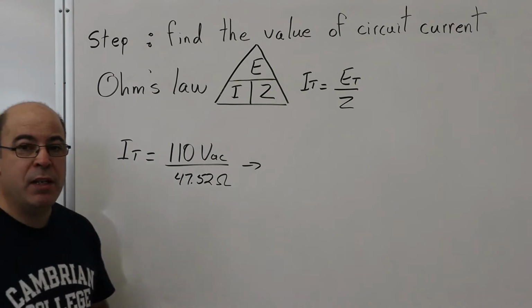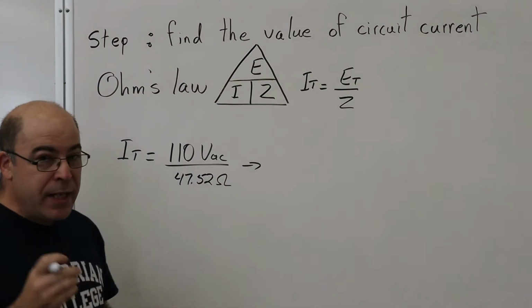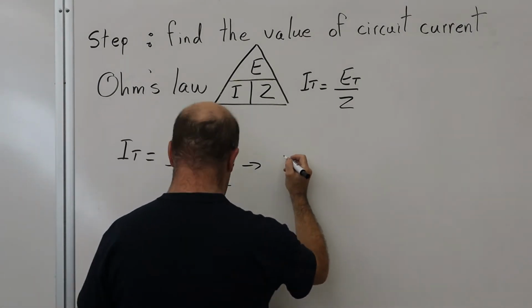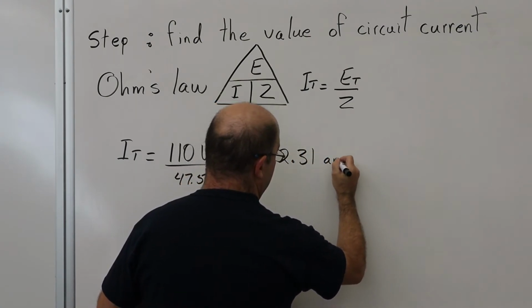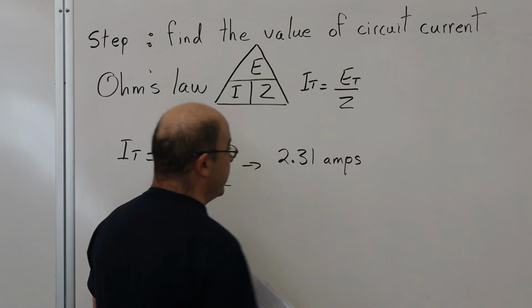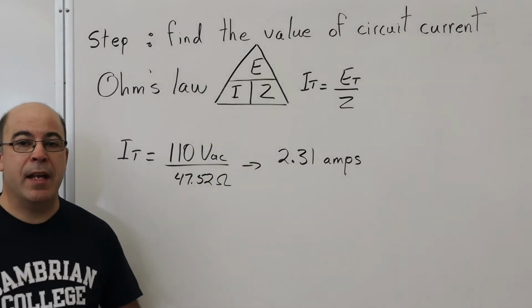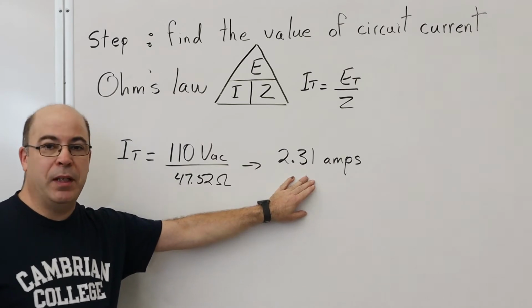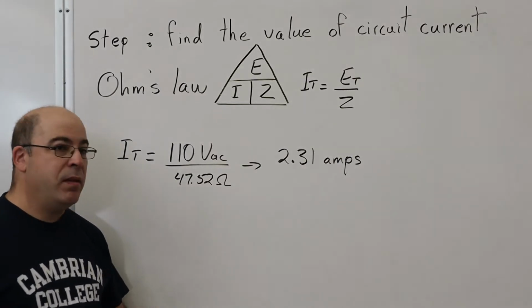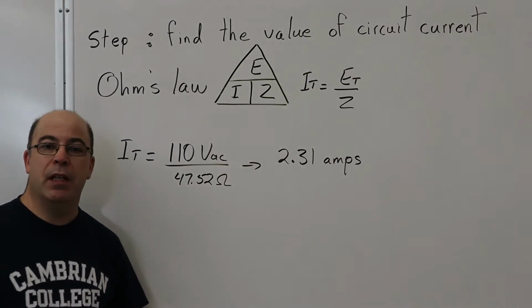Input these values into a calculator and you should be getting for a result 2.31 amps, and again this is rounded to 2 decimal places. So we're going to input this into the chart and we're just going to keep moving along.